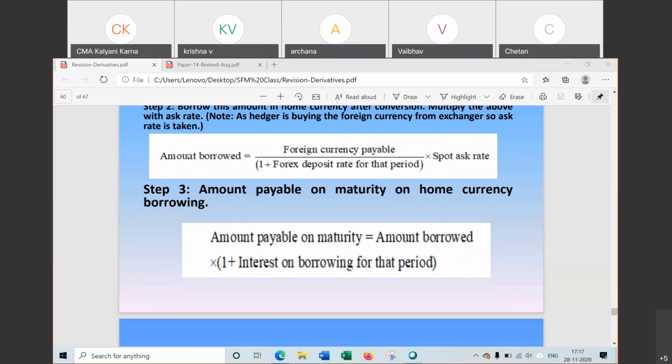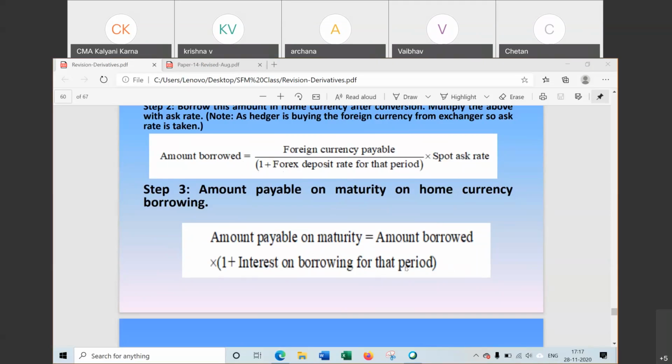So step 1, find this value, amount borrowed, then amount payable on maturity. That is, if we have borrowed the currency, amount will be payable on maturity along with interest. So amount borrowed plus interest, and you can directly compute it as amount borrowed multiplied with 1 plus interest on borrowing for that period only.